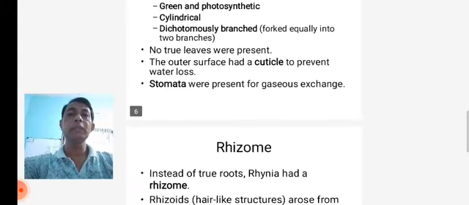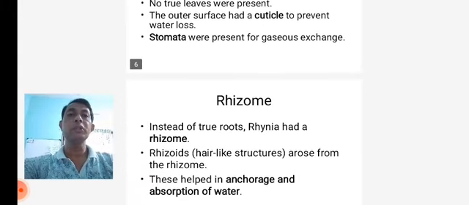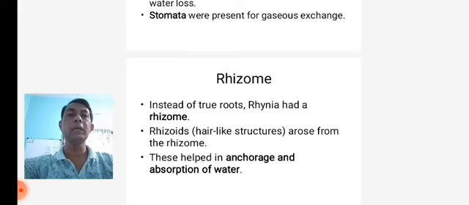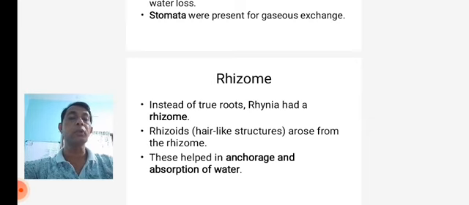Now moving to the next part, that is the rhizome. Instead of true roots, Rhynia has a rhizome. Rhizoids, that is hair-like structures, arose from the rhizome. It is the underground structure that grows in the soil, and it has hair-like structures called rhizoids. These help in anchorage and absorption of water.